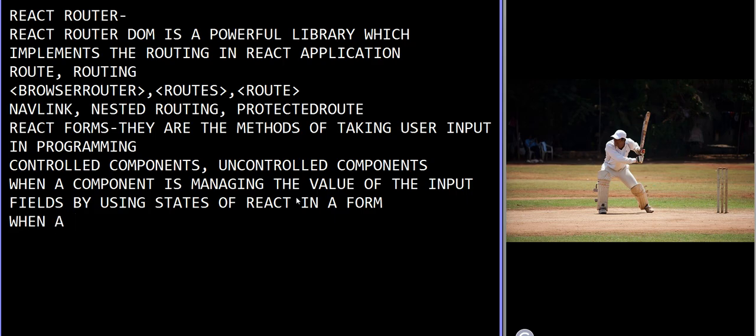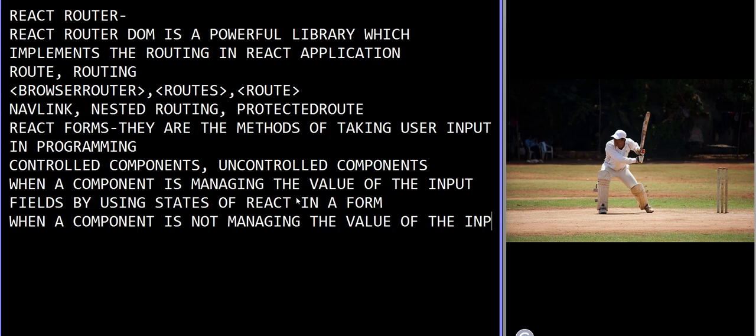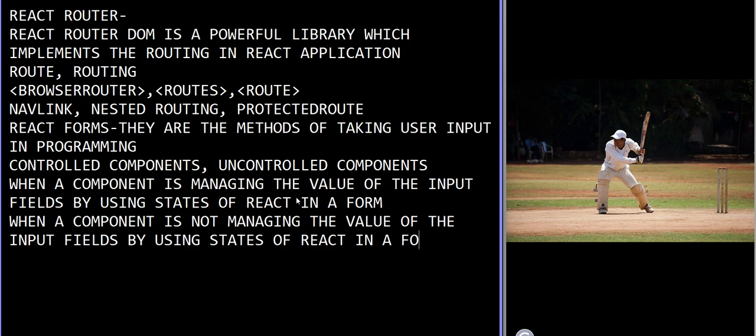Uncontrolled component means when a component is not managing the value of the input fields by using states of React in a form. We can simply say, if we are managing the user inputs of a form by using states, it is nothing but controlled components.